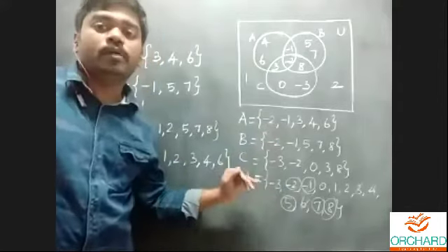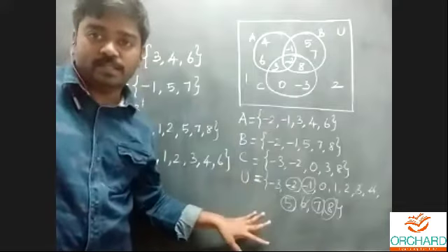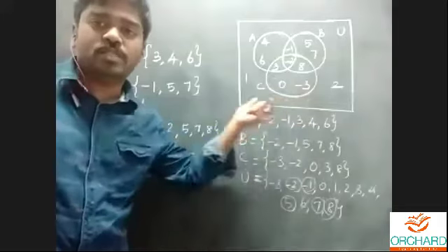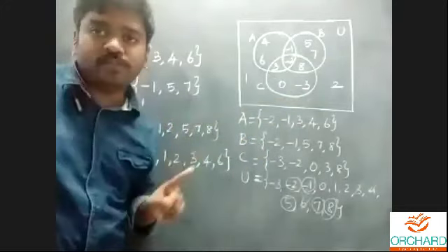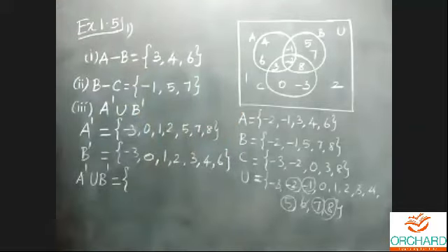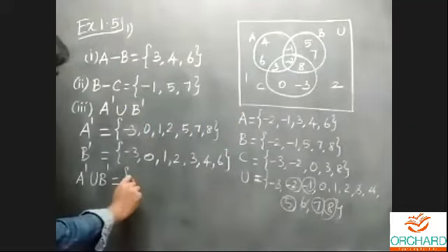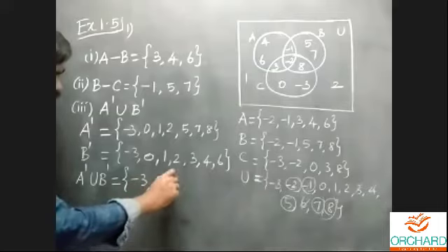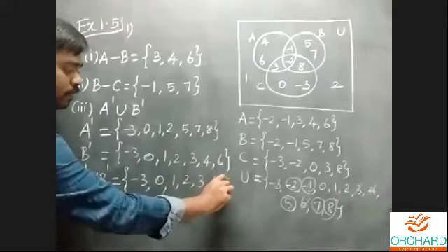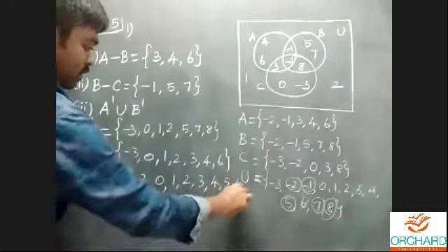Then only you can easily identify the answer. Directly you can refer to the diagram. If there is even a single element missing, your final answer is wrong. That's why watch the diagram carefully and write down the answer. A dash union B dash: -3, 0, 1, 2, 3, 4, 5, 6, 7, 8.